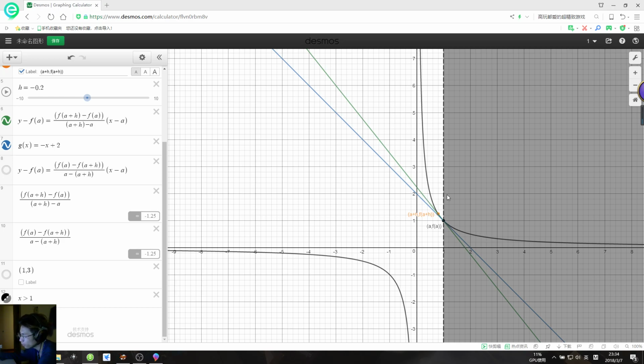Then you got a value, and you believe that is the value of the slope of the tangent. That's wrong, because there's no tangent here. The graph stops here. There's no way to have a tangent without a continuous graph.